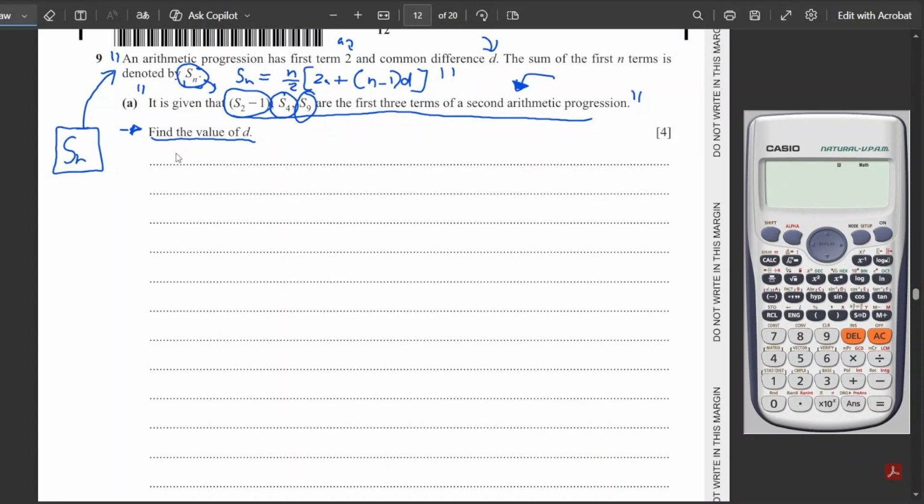Okay, so the first arithmetic progression, let me write that over here. First arithmetic progression is given to you by, so you have the first term. I'm just going to write term 1.